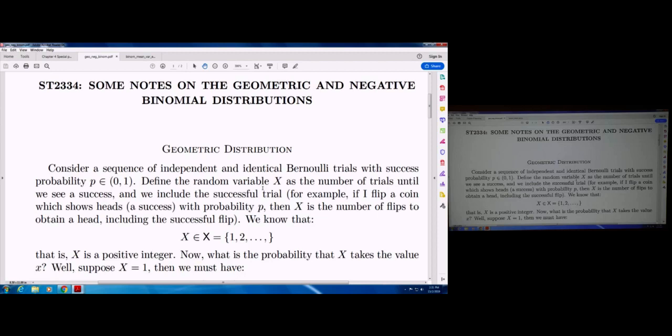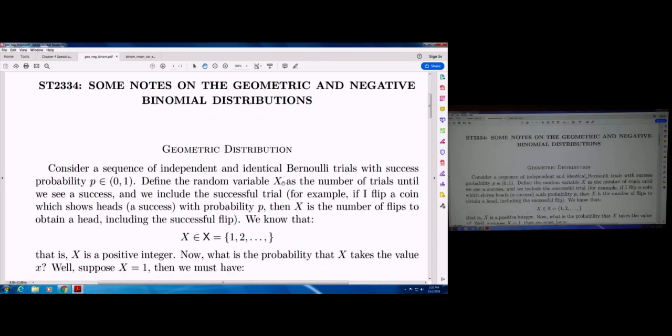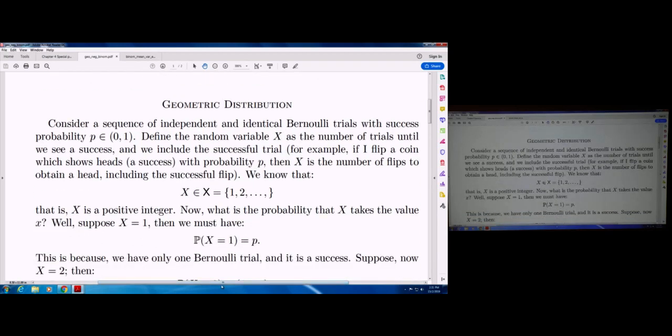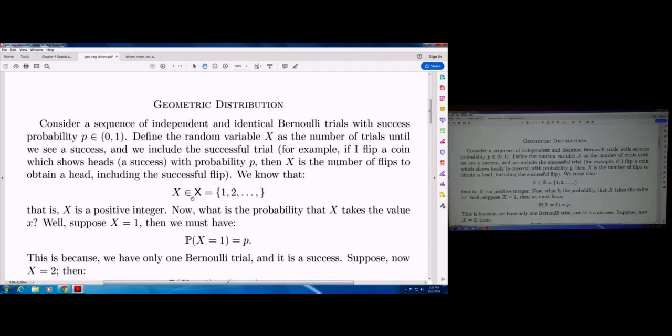For example, if I flip a coin which shows heads, which I suppose is a success, with probability p, then X is the number of times I flip the coin until I get heads. In this scenario, the range of the random variable X, which in my old version of the course I called the support, is the range of values.